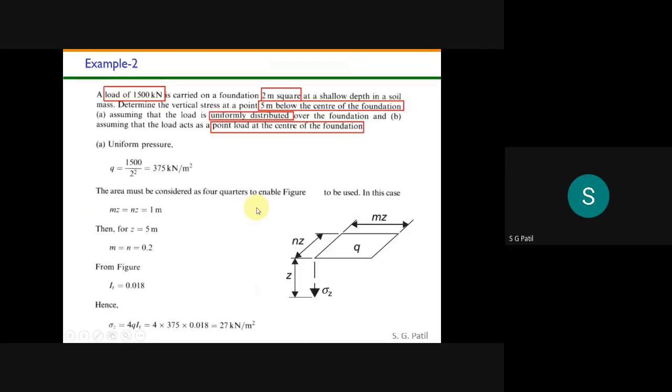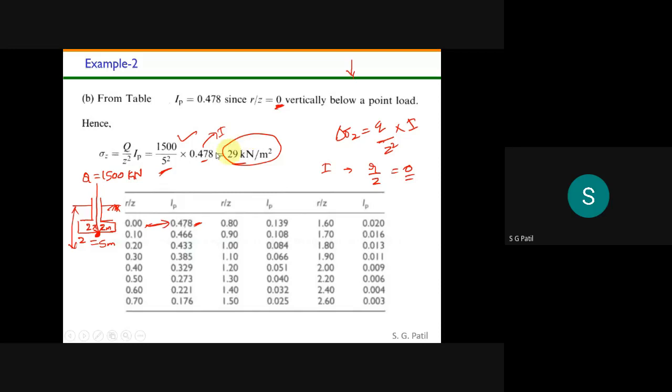If you use it as a UDL, then it is 27. Okay, that means if you apply it as a UDL load, the stress increase is a little lesser than your point load. Understood, no? So if I apply it as a UDL or if I apply it as a point load, there is a little change here.